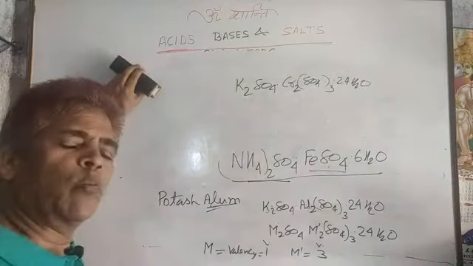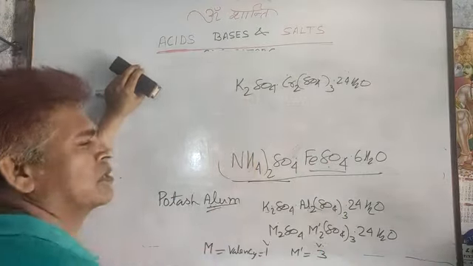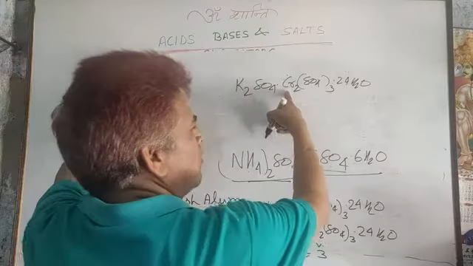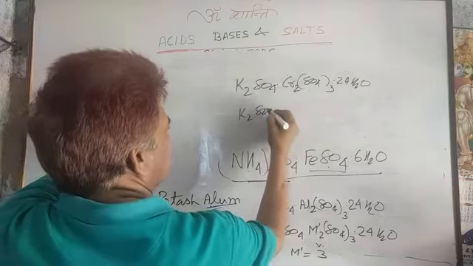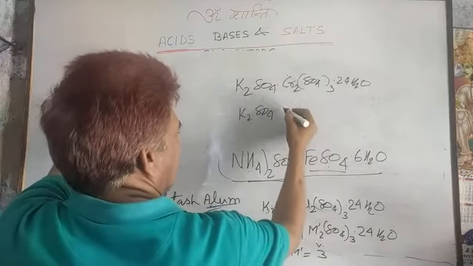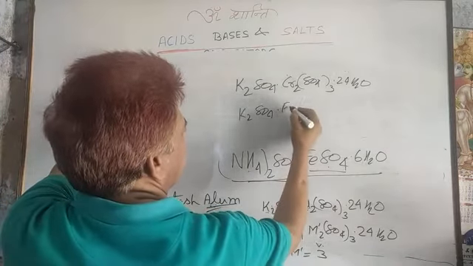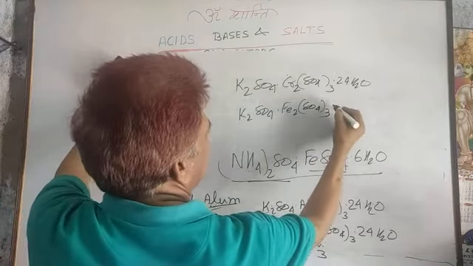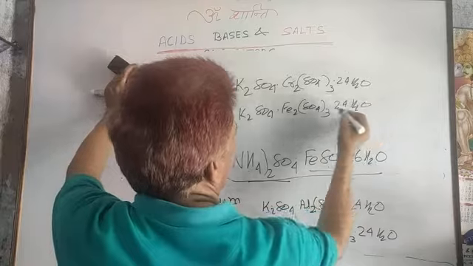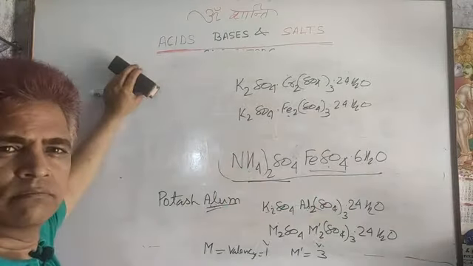So it is chrome alum. That is the name of this double salt, chrome alum. Here chromium is present. If you take iron in place of it, because the valency of iron is also 3, then Fe2(SO4)3 and 24H2O, it is iron alum.